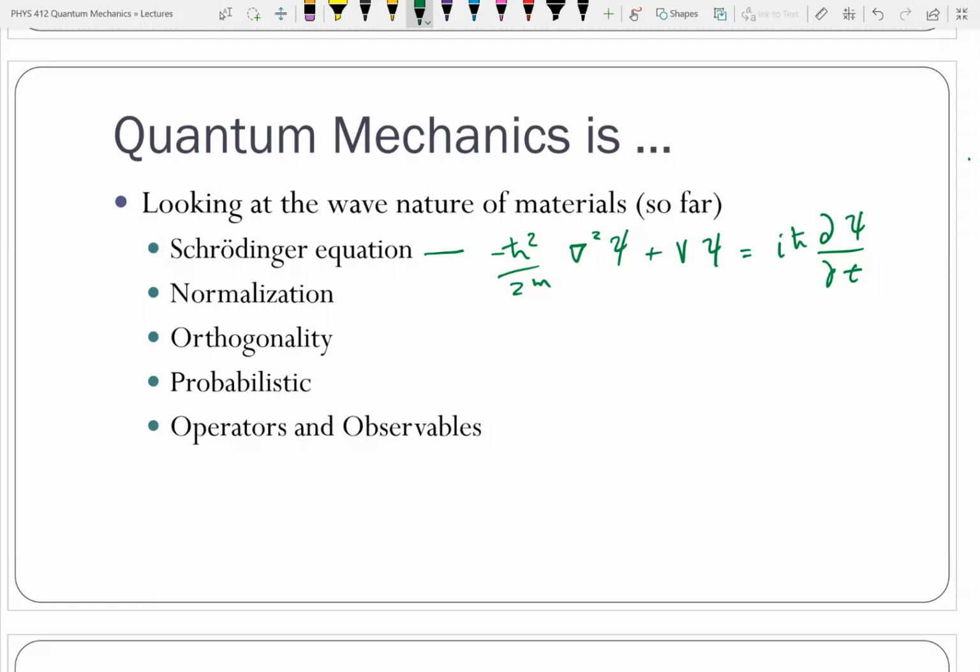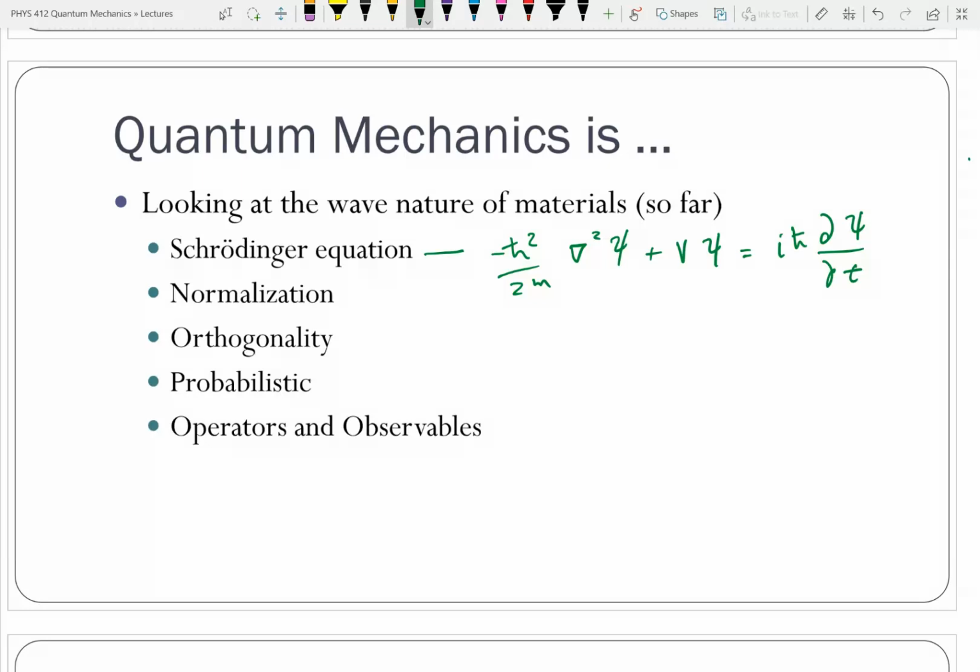And one of the first things we did was we said, well, if we can separate the time part from the spatial part, we can make our lives easier. So we made a time-only part, and then a space-only part.